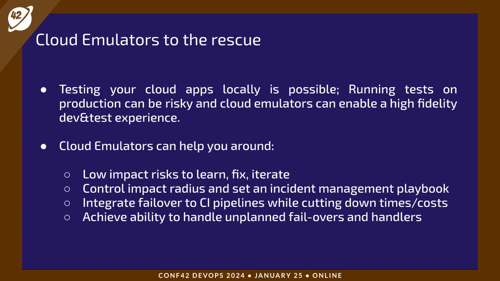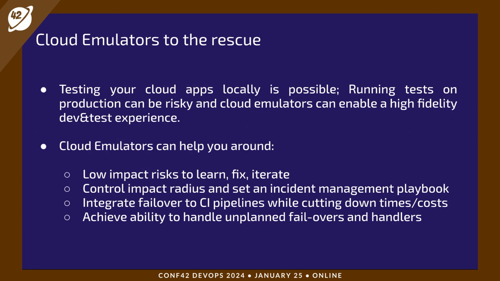And you can always learn from this experience. You can fix and iterate quickly on your developer machine, and you don't have to wait and see your application blow up in production to do that. The second one is that you can use these lessons to set up a playbook so that you can validate these incidents, work upon them, and make sure that you have resilient solutions. And the best part is that you can integrate these failovers into your CI pipelines.